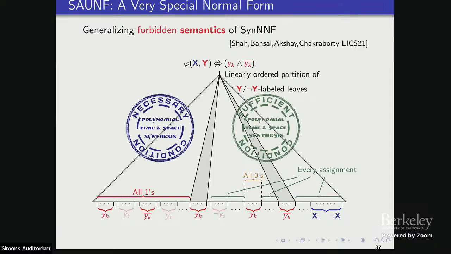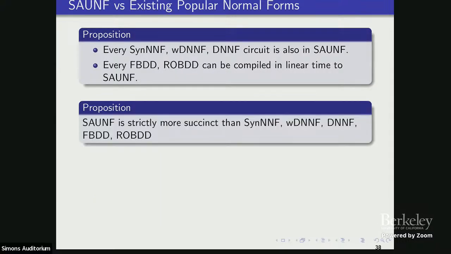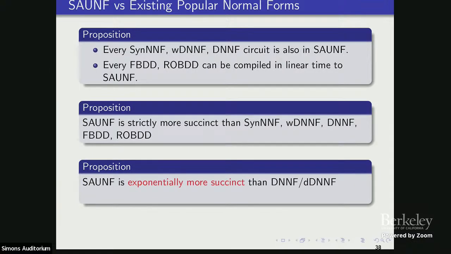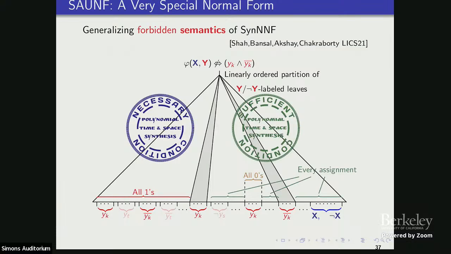And this turns out to be both a sufficient and necessary condition, which means that of course every specification in this format can be transformed to Skolem functions in polynomial time, but every representation form which allows synthesis in polynomial time, like for example BDDs or SYNNF or d-DNNF, can also be compiled to this form in polynomial time.